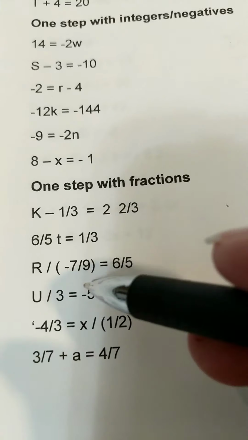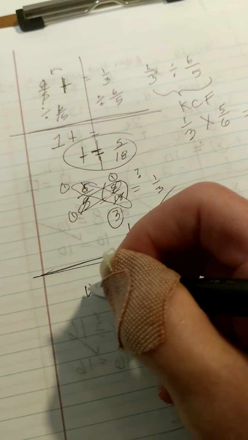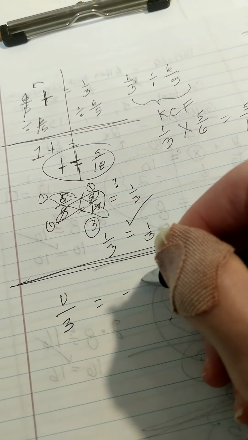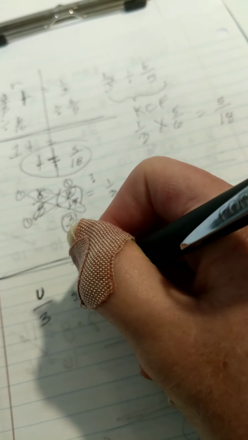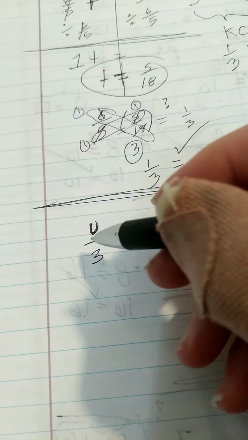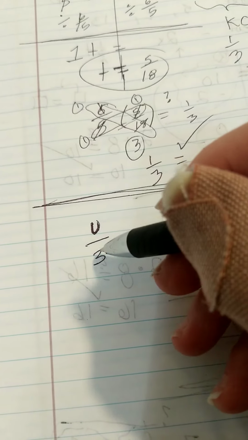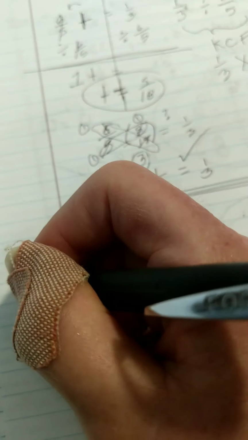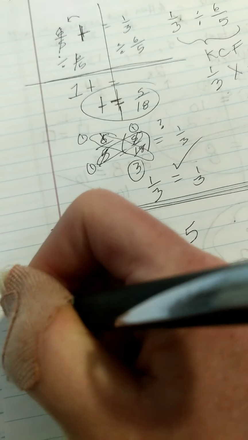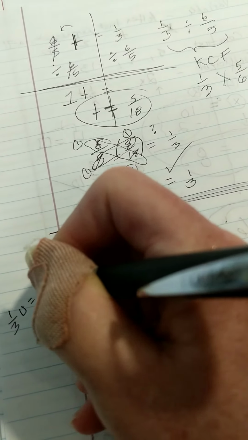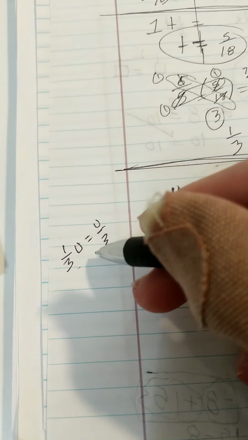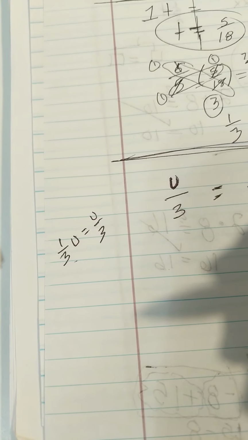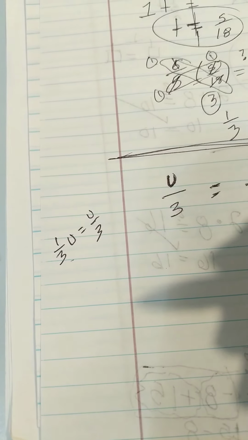Okay, I'm going to do this one. u divided by 3 equals -5. So this is fractions and negatives in this problem. First off, one thing about u over 3 or any variable over a denominator is that it can be written as a fraction times the variable, okay?